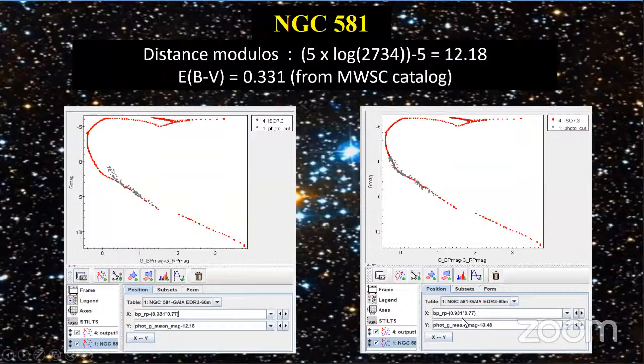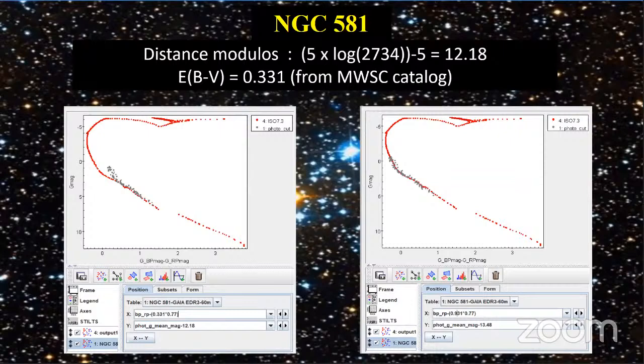Then I subtracted these values from the x and y axes, and adjusted it by doing a few plus and minus adjustments until the cluster data fits the isochrone. After the adjustment, I take these final values to find the distance.